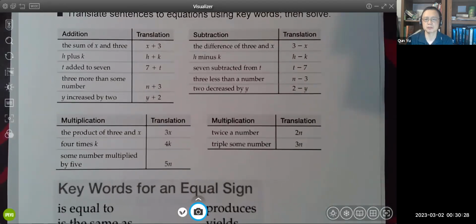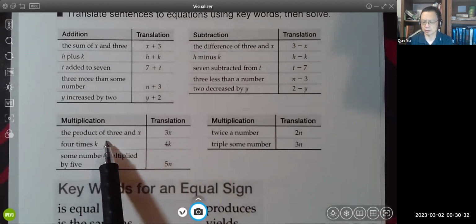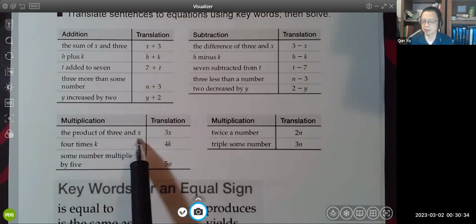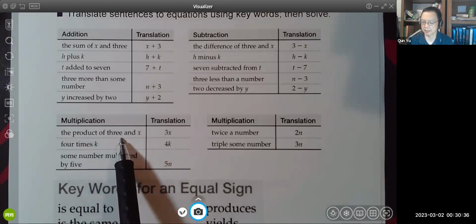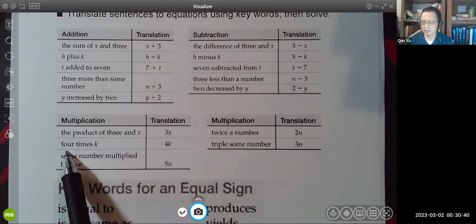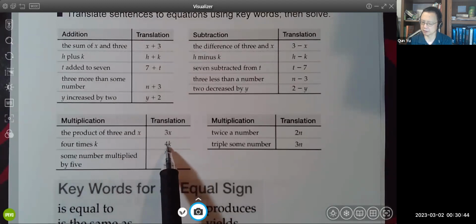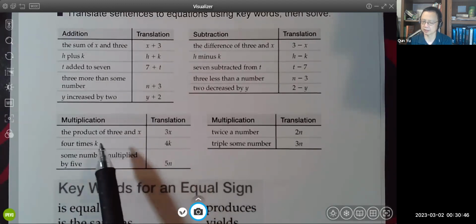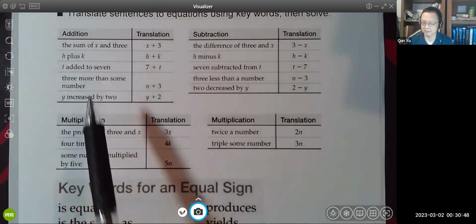Now let's look at multiplication. The product of 3 and x. Product is the result of multiplication, right? We just multiply the 3 and x. And next one, 4 times k. So apparently 4 times k is a straightforward one, just like h plus k, right?